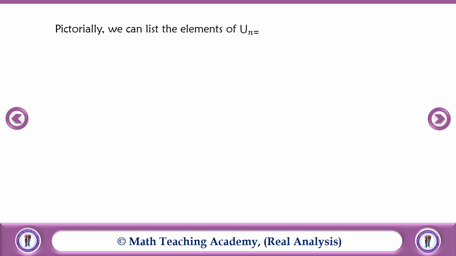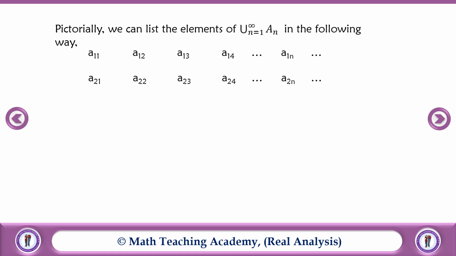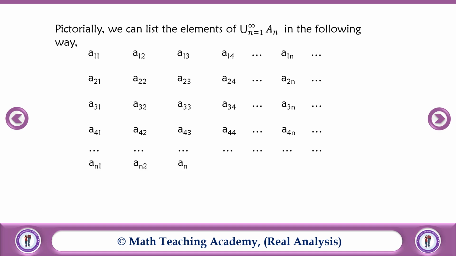Pictorially, we can list the elements of the union of An in the following way. This is the set of all elements in the set A1. This is the set of all elements in the set A2. This is the set of all elements in the set A3. This is the set of all elements in the set A4. And in general, this is the set of all elements in the set An, and so on.